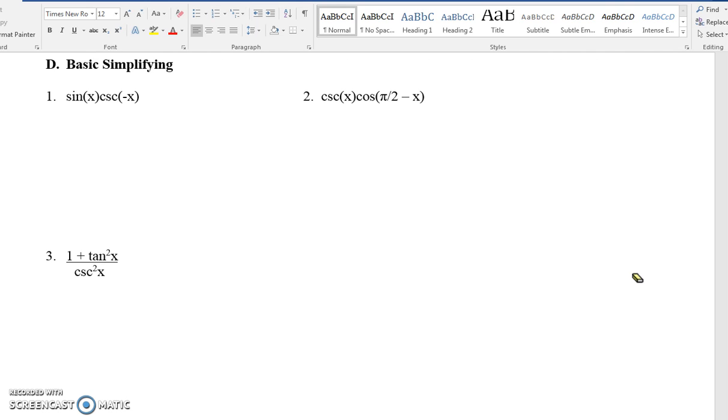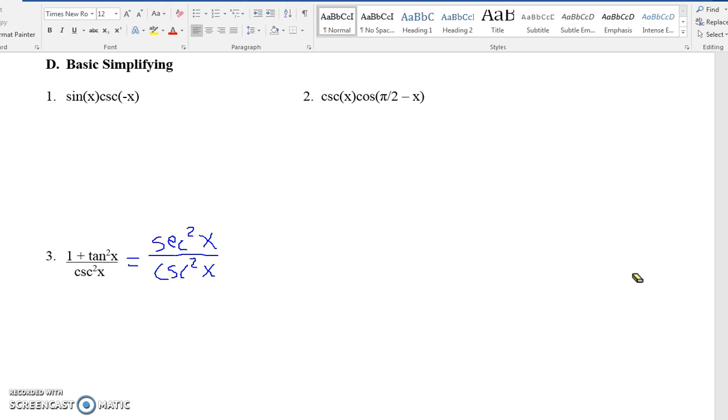For this one, you'll get used to this as you do more of these questions, but I look at 1 plus tangent squared and I see on my Pythagorean identities that that is equivalent to secant squared. So I'm going to write that as secant squared of x still divided by that cosecant squared of x.